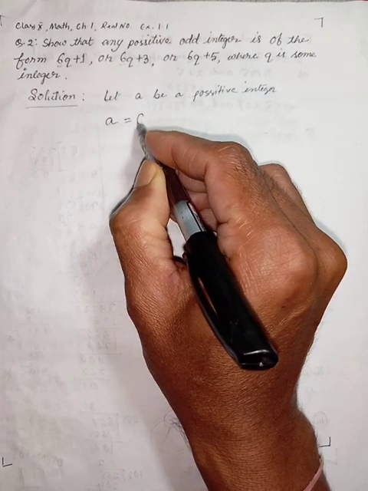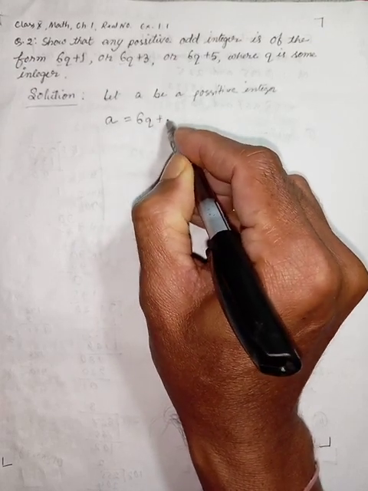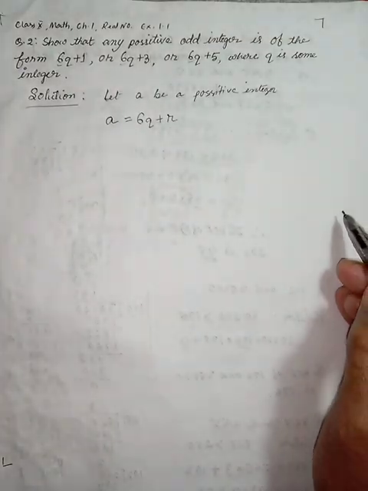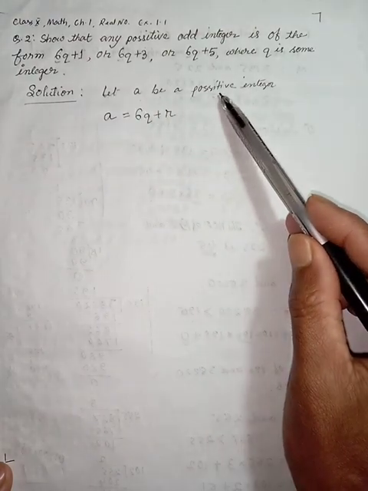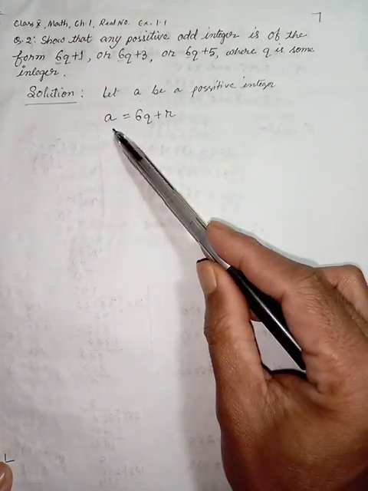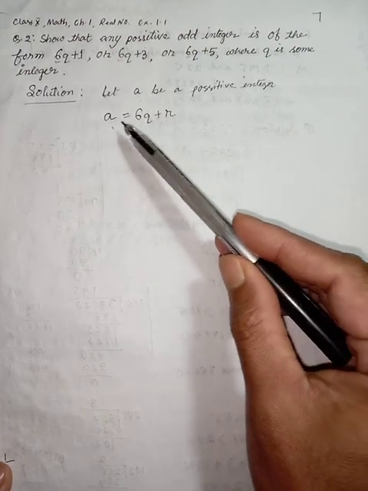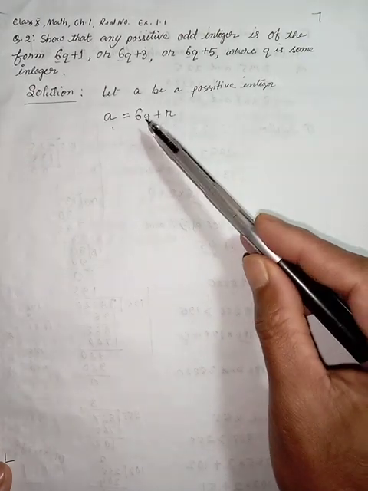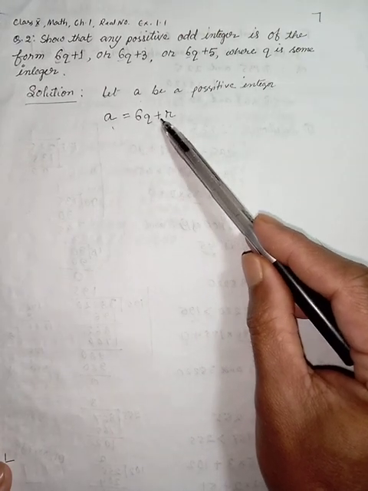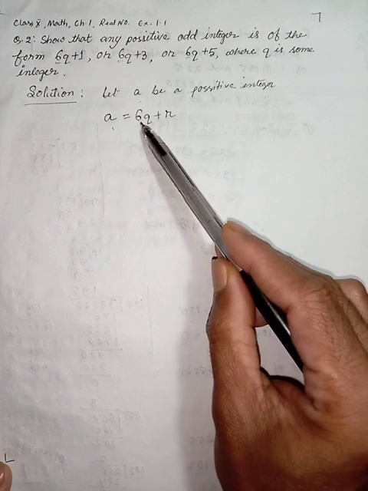So a can be expressed as 6q plus r. I assume a is a positive integer, and according to Euclid's division algorithm, a positive integer can be expressed in the form of bq plus r, and here I am taking b as 6.